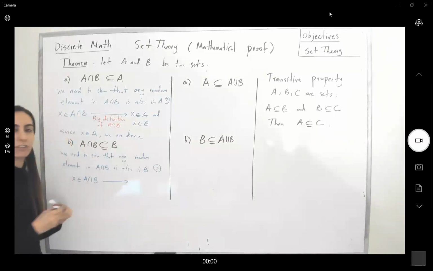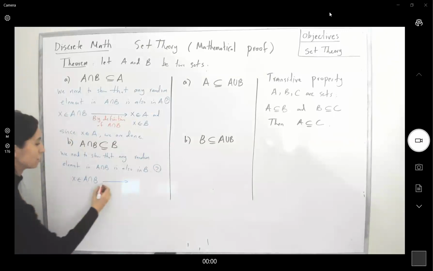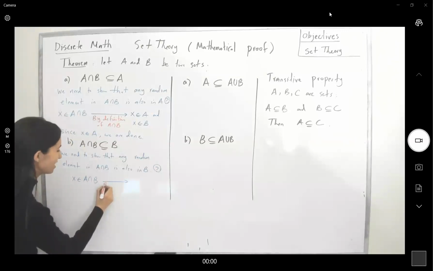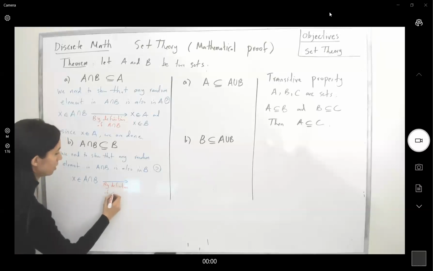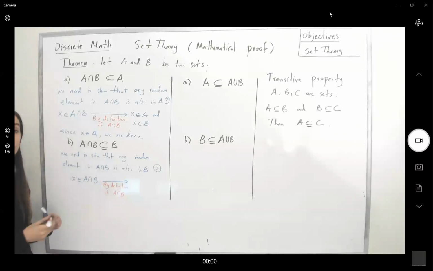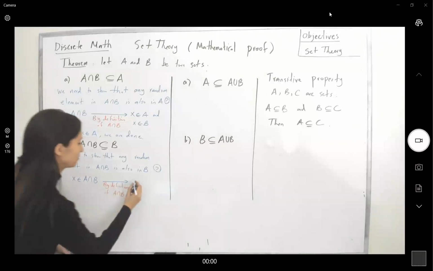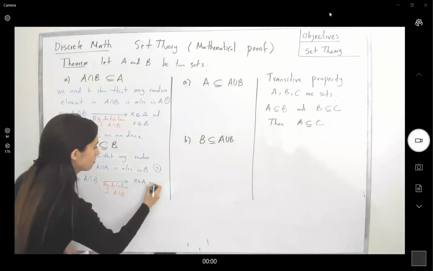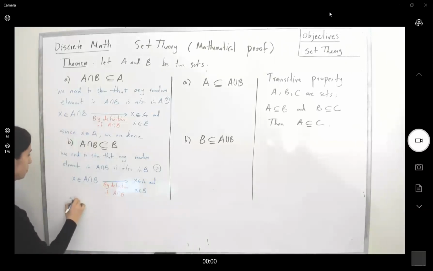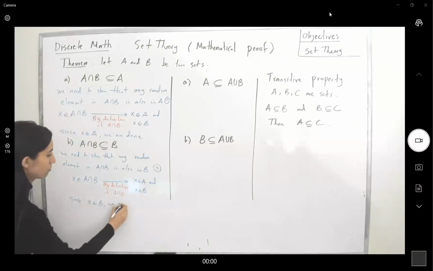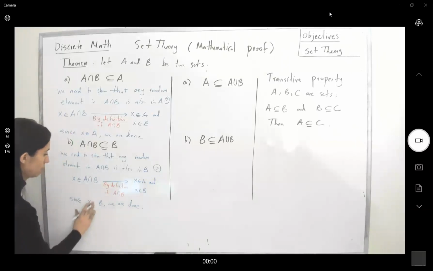By definition of intersection, this is just a direct proof by definition. By definition of A intersection B, X is in A and X is in B. Okay, do you see that X is in B? Of course. So since X is in B, we are done. X belongs to B. Good.